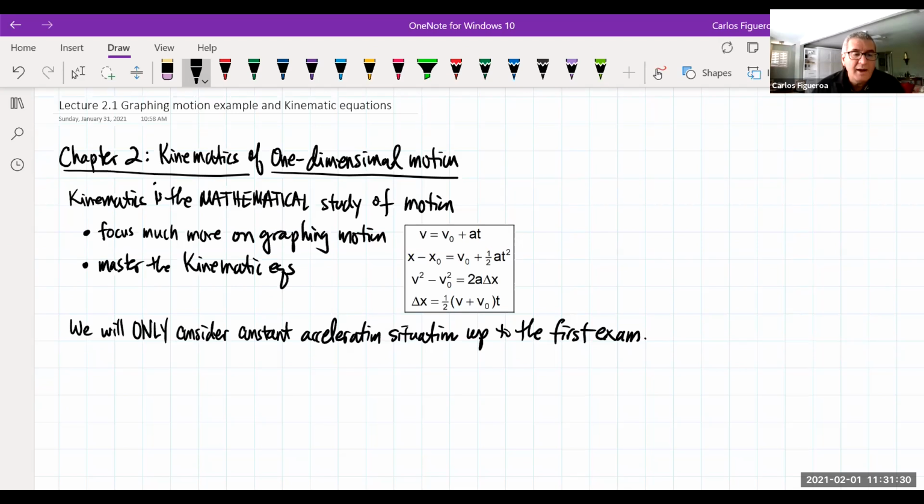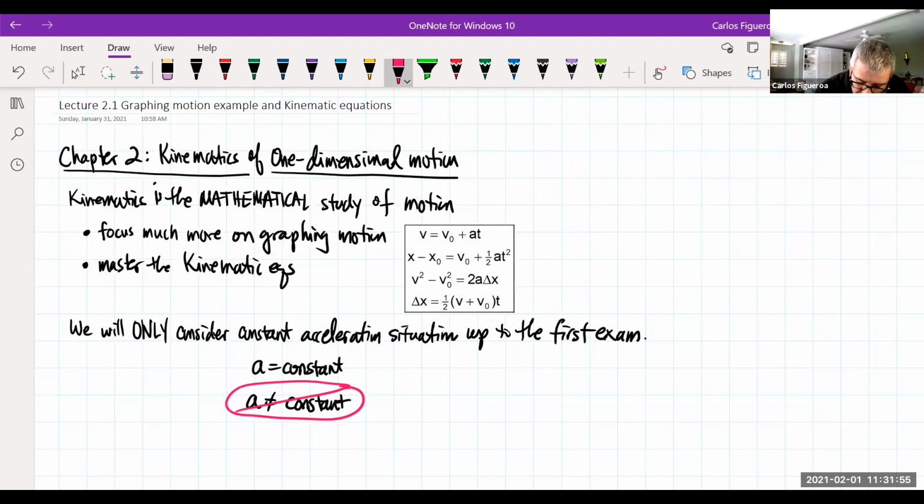The reason is that if you don't have constant acceleration, it's mandatory that you solve differential equations, but that's beyond the scope of this course. So in other words, this is possible, this will not happen. Okay? That will not happen here.